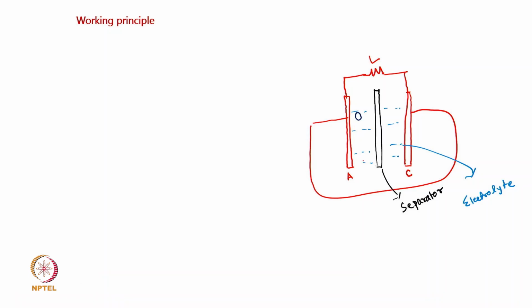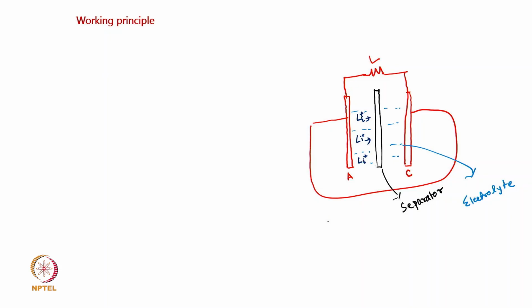So, lithium goes from anode towards cathode through the separator, and that is called de-intercalation process.